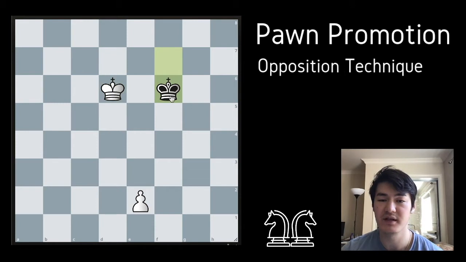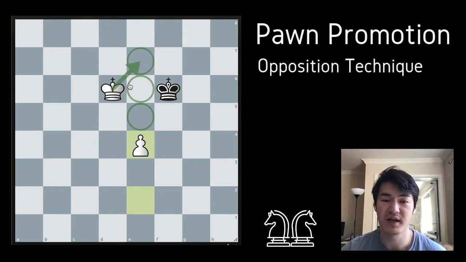Now, if the opponent's king takes the opposition, this is totally fine for us. It doesn't really matter in this situation who takes the opposition, because our goal is to be able to promote the pawn. And because our king is protecting these 3 squares, our pawn can go through these squares safely right now. So we achieved our goal.